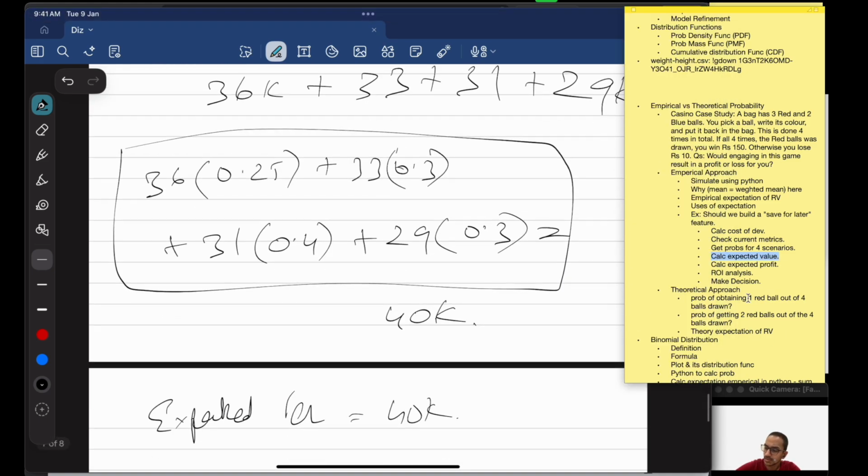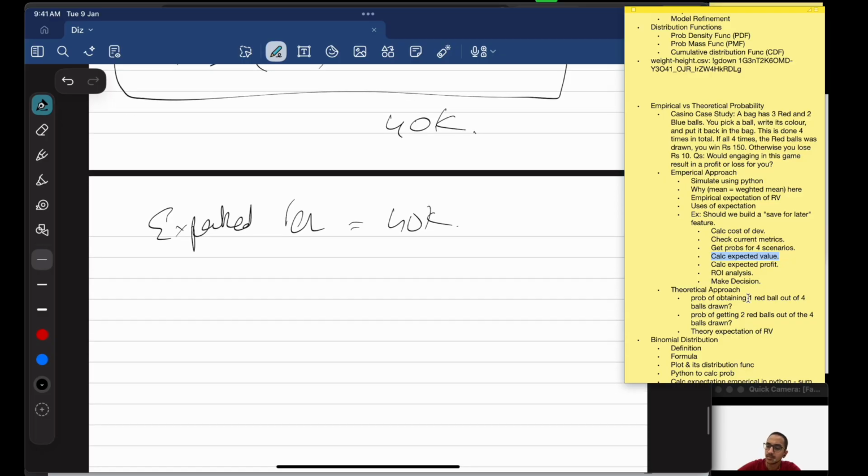Now we can calculate the expected profit. Profit is basically we just have to subtract the capital expense of making this feature from our revenue, right?